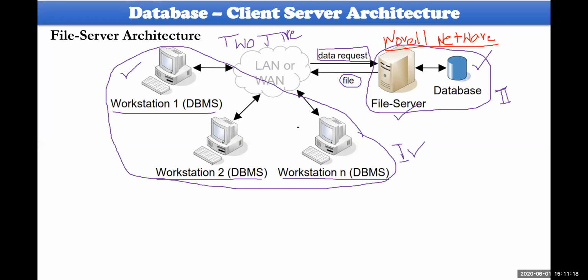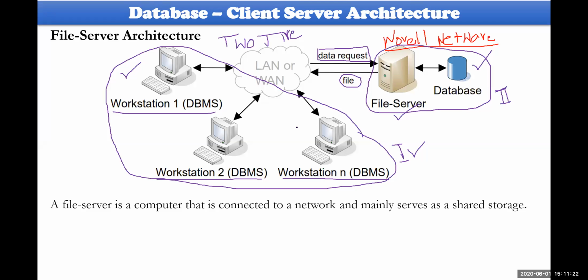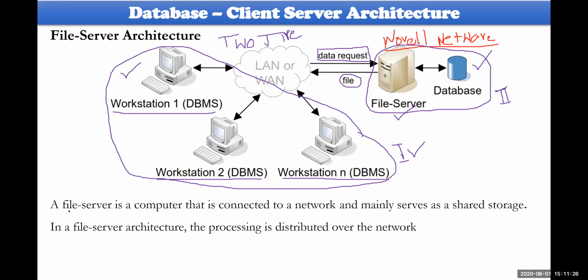So what are the basic principles of this one here? Let us have a look. The basic thing is that the file server computer is connected with a network, so that this network will be shared by many other end users, the people who are accessing that particular network.